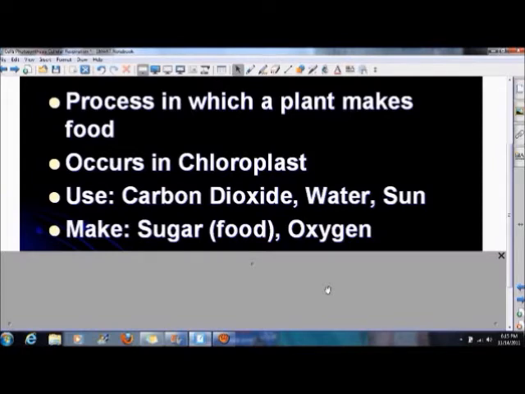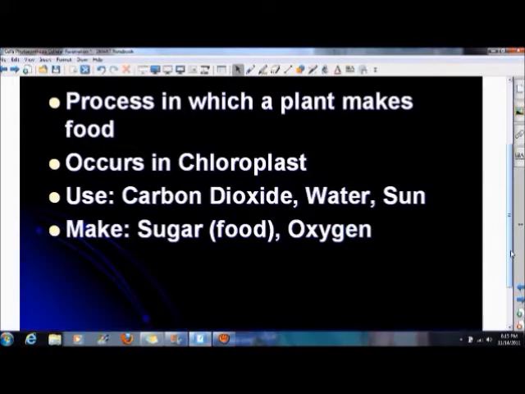And they also produce oxygen, which is important to us. So that is the process of photosynthesis.